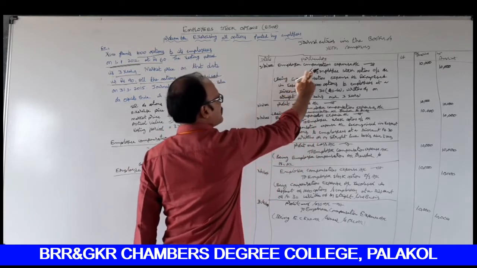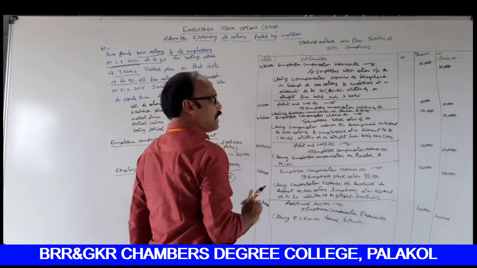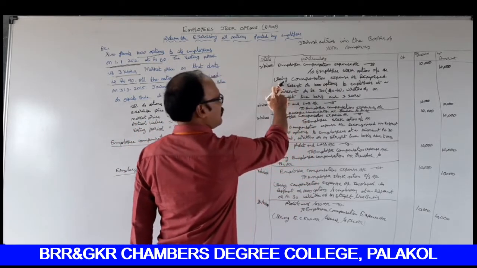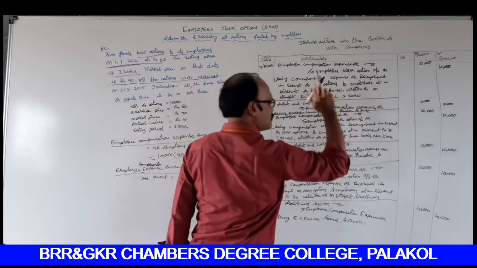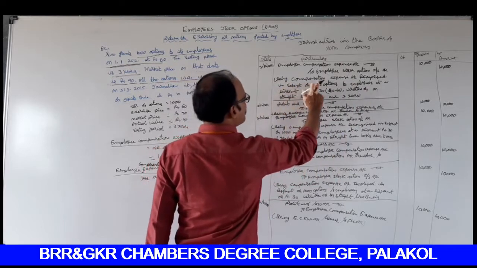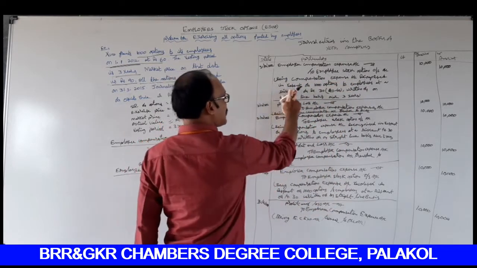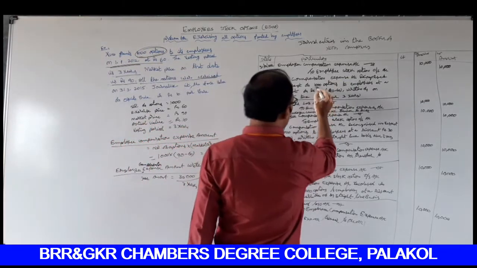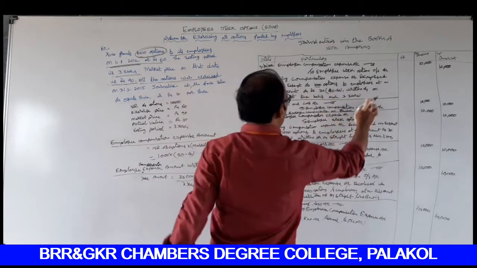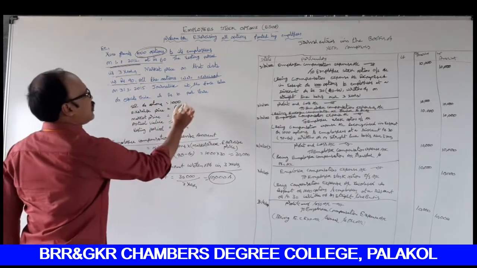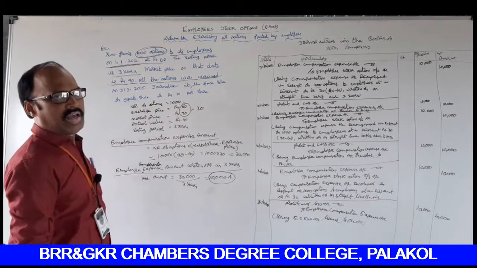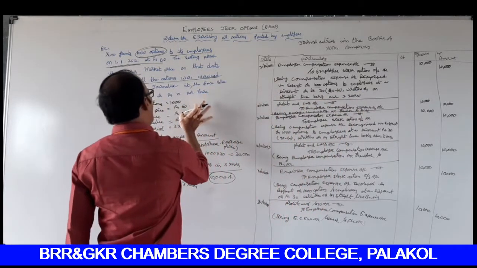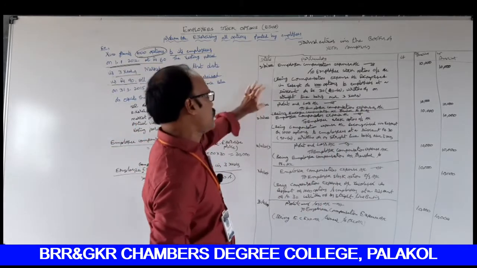First general entry, employee compensation expense account debit to employee stock option outstanding account, 10,000. Being compensation expense account recognized in respect of 1000 options to employees at a discount of 90 minus 60, 30, written off on straight line basis over 3 years. This is the first general entry.